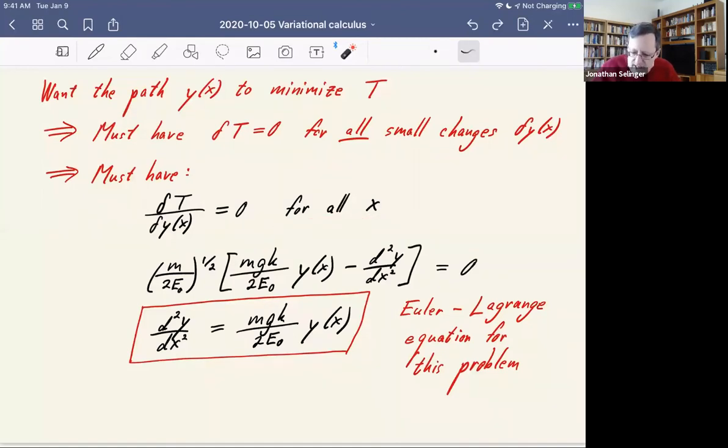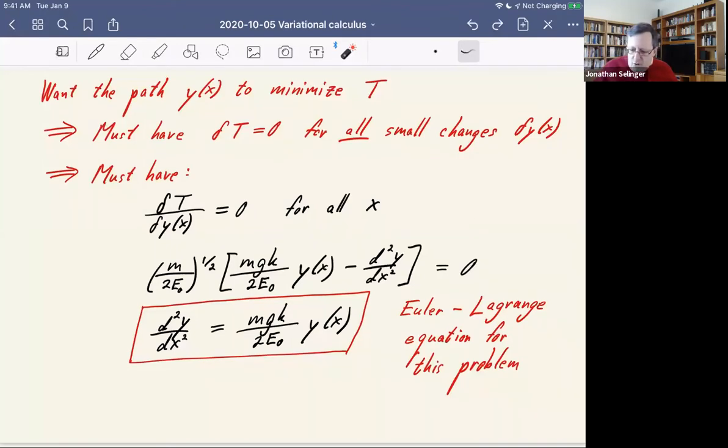This is an equation which depends on x, and we want it to be true not just at one position or two positions, but everywhere. The same way that if we calculate partial derivatives and we want to minimize a function of 3 variables, we want all the partial derivatives to be 0, not just one of them.